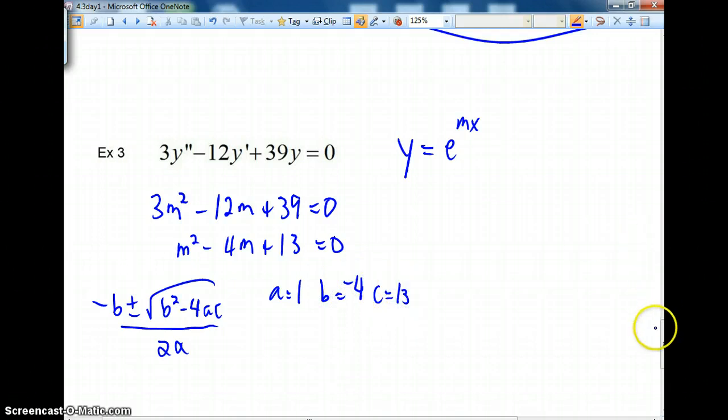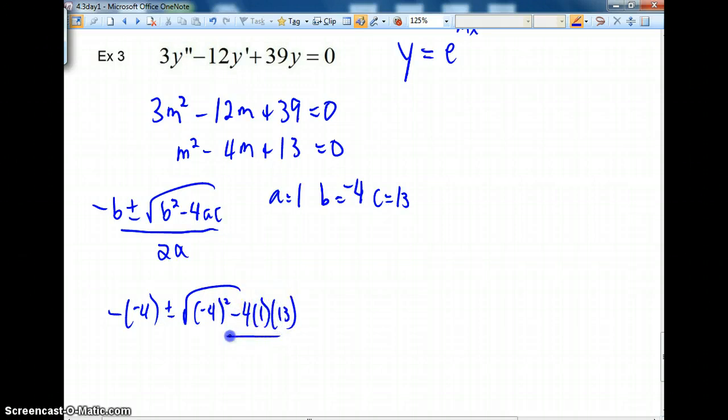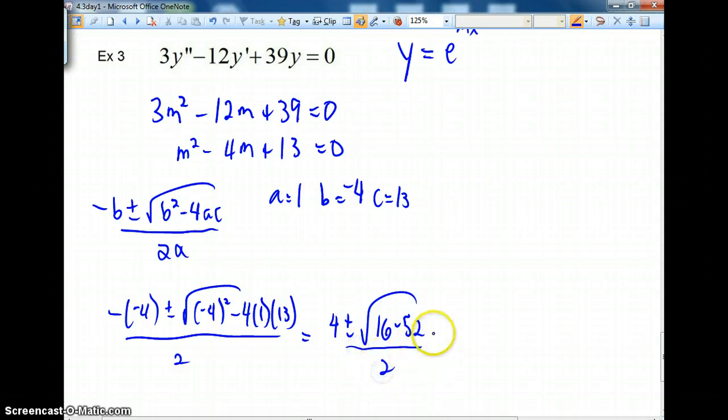As we simplify that, we would get the opposite of -4 plus or minus the square root of -4 squared, which becomes a 16, minus 4 times 1 times 13, all over 2. So this becomes 4 plus or minus the square root of 16 minus 52, and 16 minus 52 is -36.